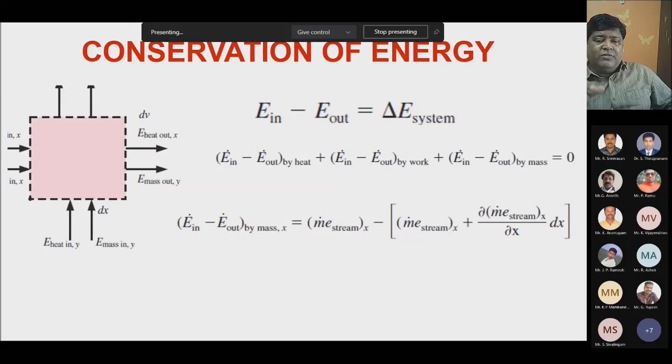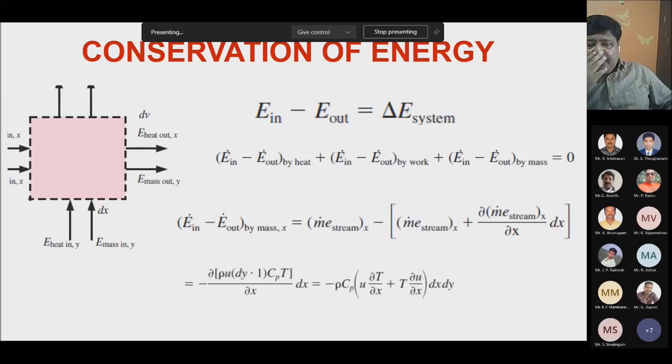Now when you subtract both, because we need E in minus E out, the m dot E terms cancel. Finally, what stands out is dou m dot E of the fluid stream in the x direction by dou x into dx.